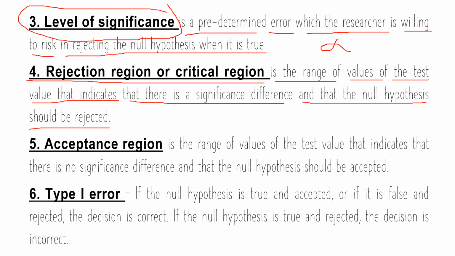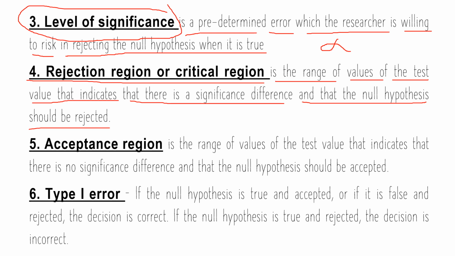Meaning to say, once we accept your alternative hypothesis, then we adopt the statement that there is a significant difference between your parameter and your specific value. So that will be your rejection region. If the computed value falls on this region, then you're going to reject your null hypothesis.